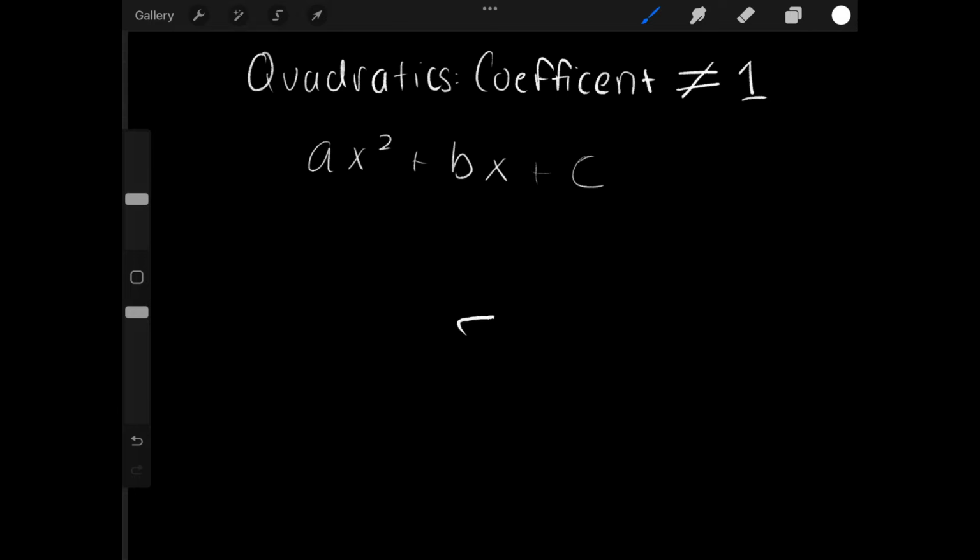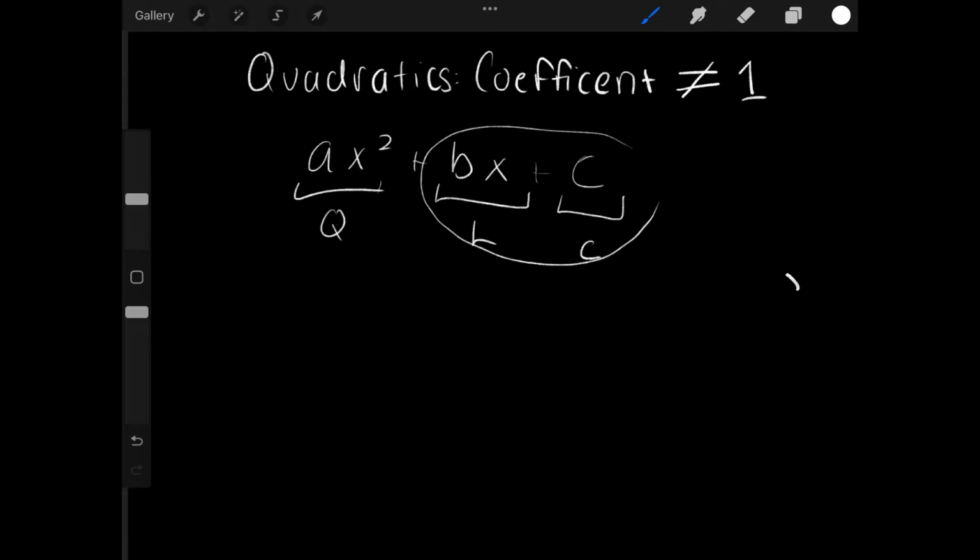So this is our quadratic term, this is our linear term, and this is our constant term. Now you might be used to the linear and constant terms in linear equations, but we're now going to be looking at quadratic equations when this a, so the coefficient of the quadratic term, is not 1.